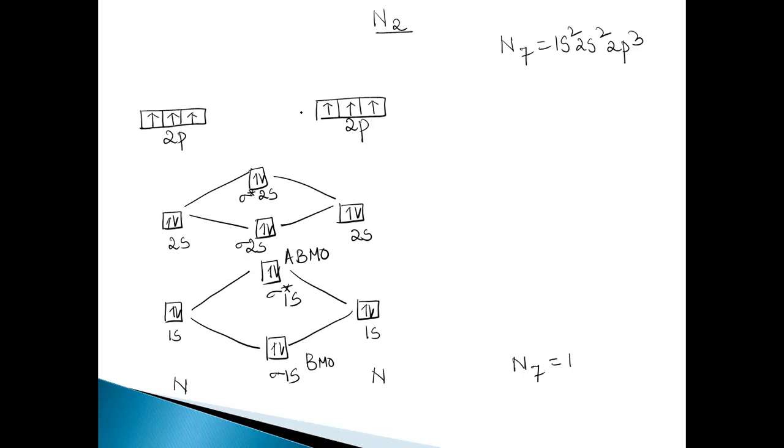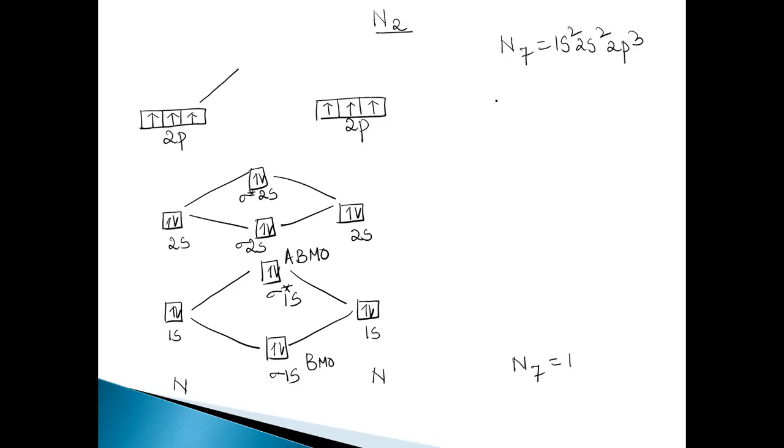Now, the mixing up of these 2p orbitals, that means linear combination, will result in the formation of 3, that means here 2px combines with 2px orbital of this, resulting in the formation of what? Sigma. We have already dealt with this in my previous video.